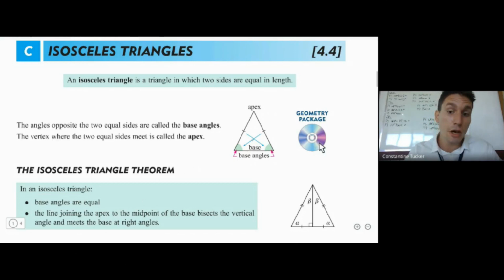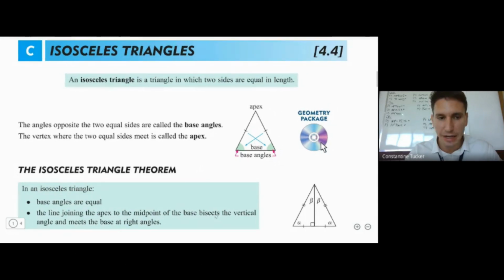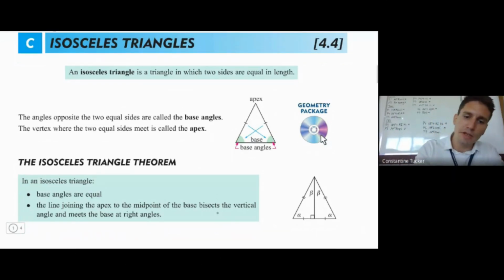In any case, what do we know about this triangle? We know that the base angles are equal, and we know that if you draw a line from the apex, joining that to the midpoint of the base, then that bisects the vertical angle and meets the base at a right angle. Firstly, this word bisect means cuts in half, in two equal halves.